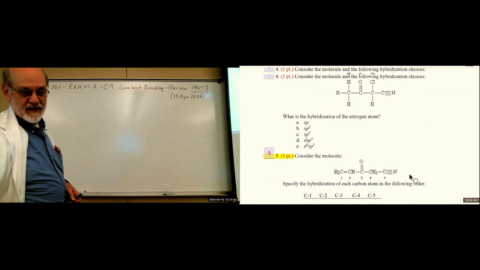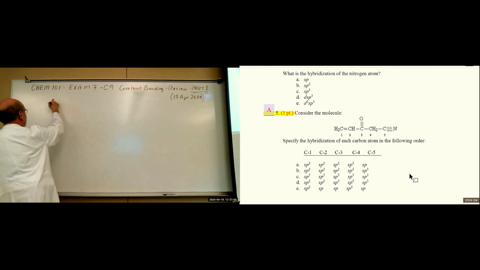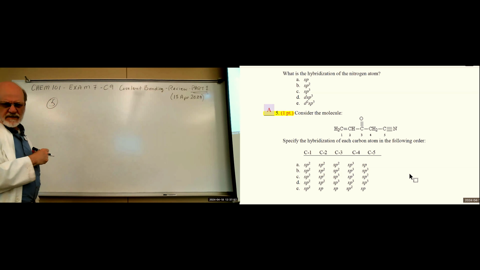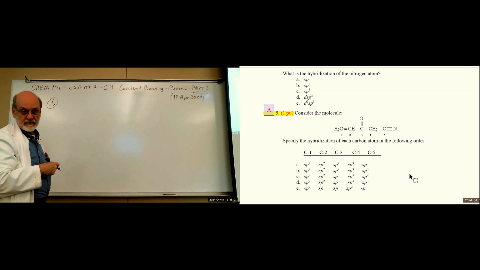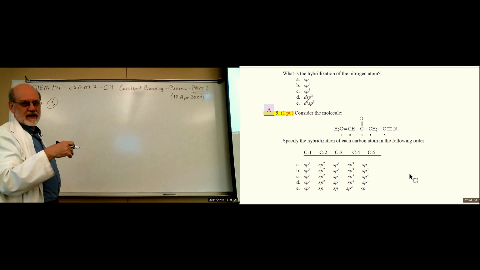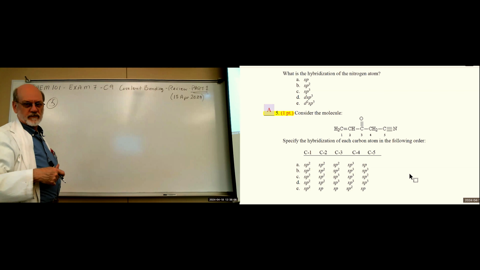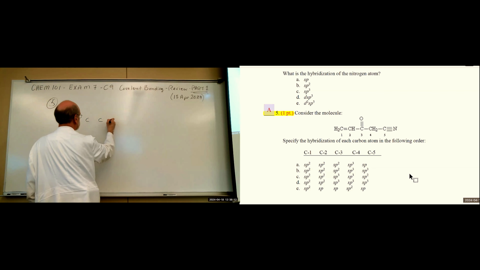Right. About 5. So we got this molecule. Oh, we want to know the hybridization on every carbon. And those numbers are just sequential, like from left to right, carbon 1, 2, 3, 4, and 5. So we got 5 carbons.